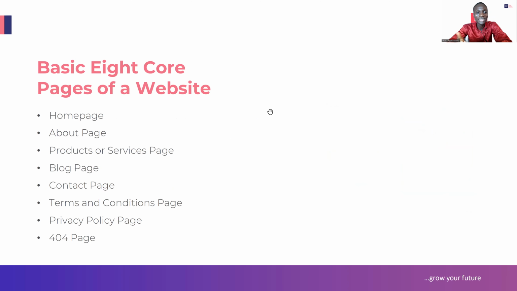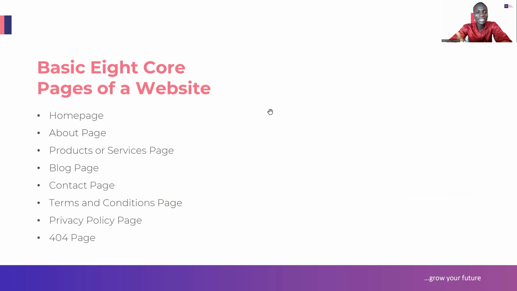So one of them is your home page. For every website, there must be a home page. So I will show you what a home page looks like using our own website. Okay, so I will just go to afterschoolacademy.ng.